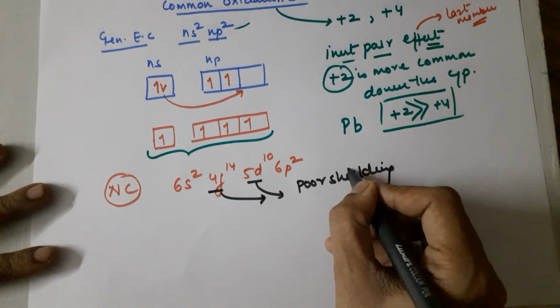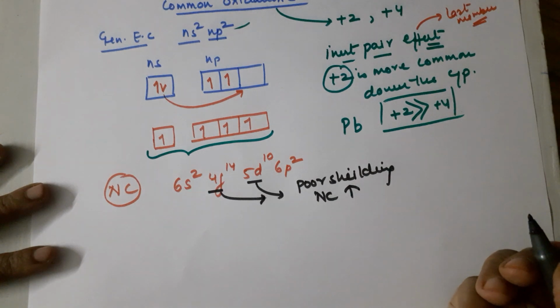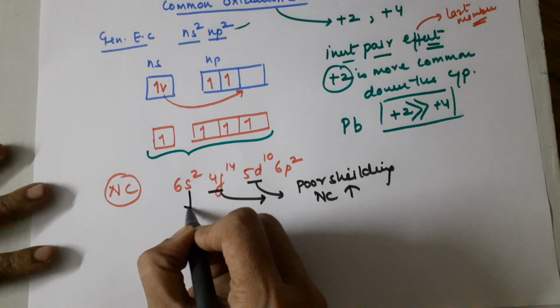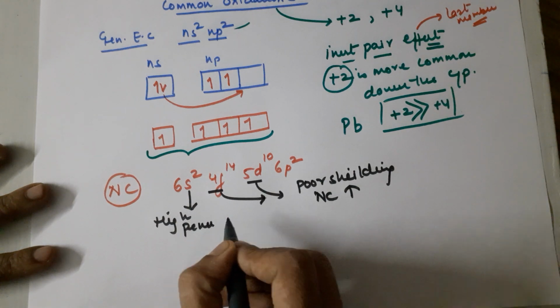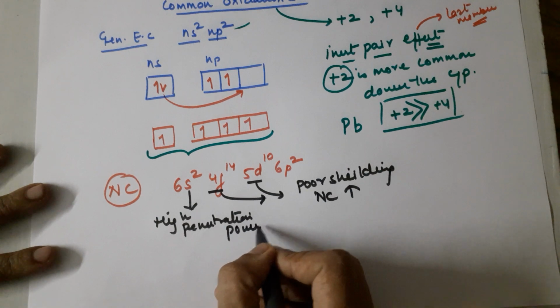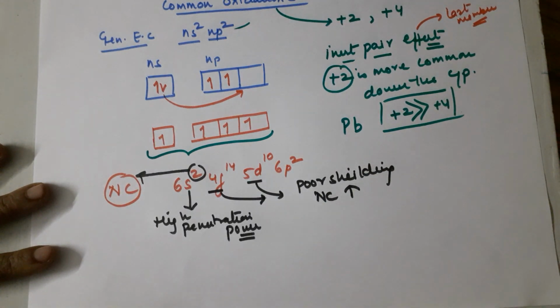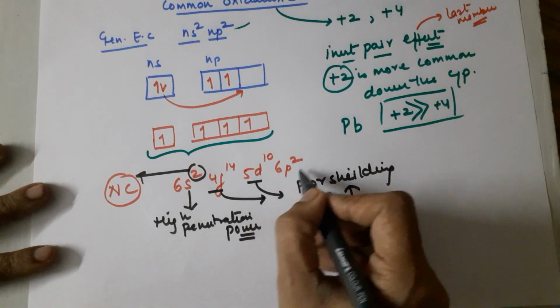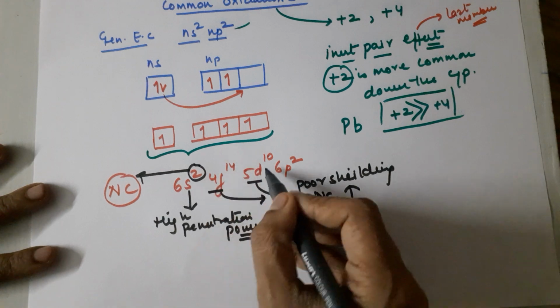That is, they do not cover up the nucleus well. Hence, the nuclear charge increases. Secondly, the s subshell has a high penetration power, meaning it is found closer to the nucleus. So these electrons are held tightly by the nucleus, whereas comparatively, the 6p electrons are not held tightly, owing to the presence of these two.